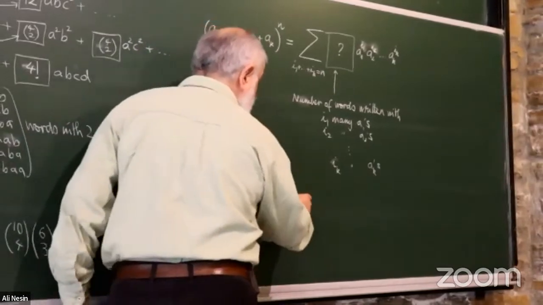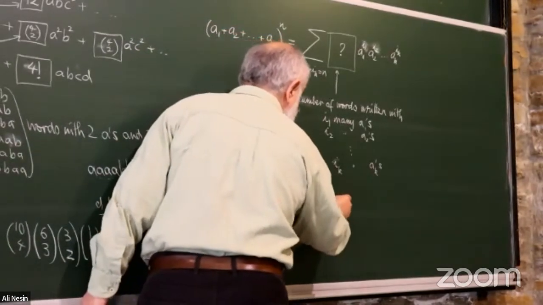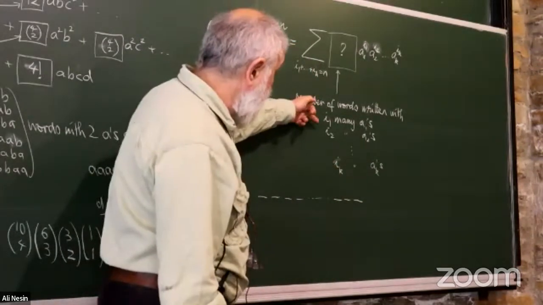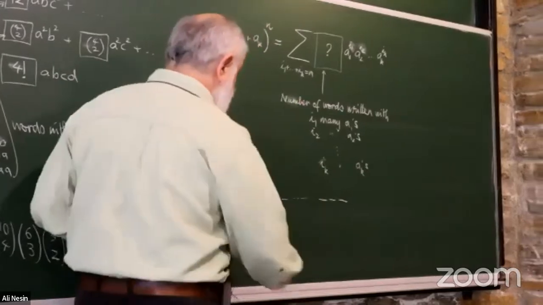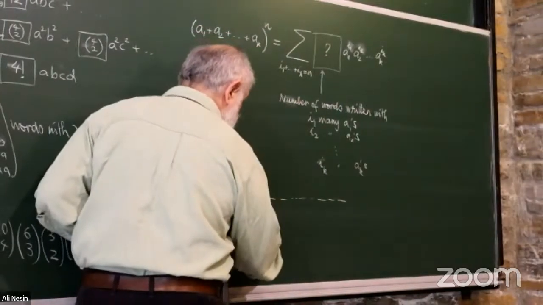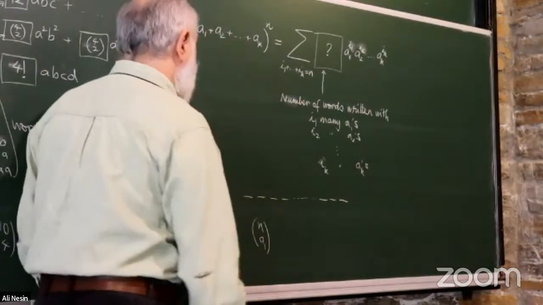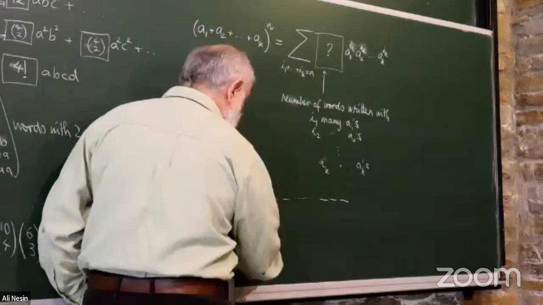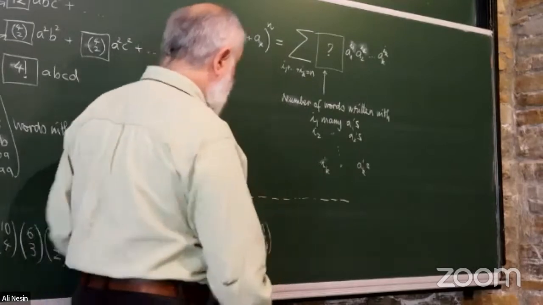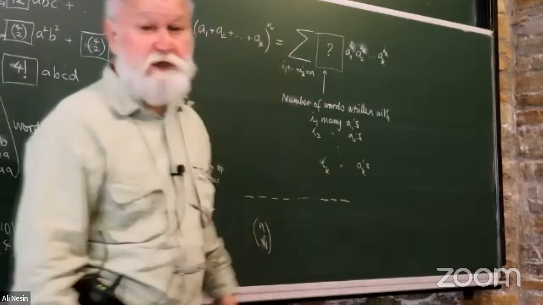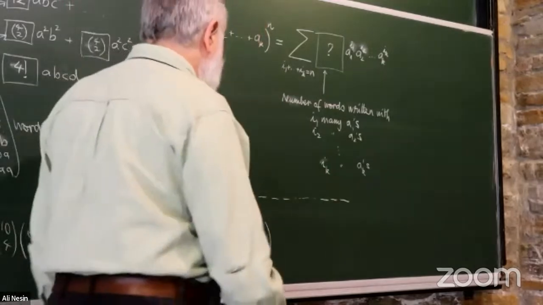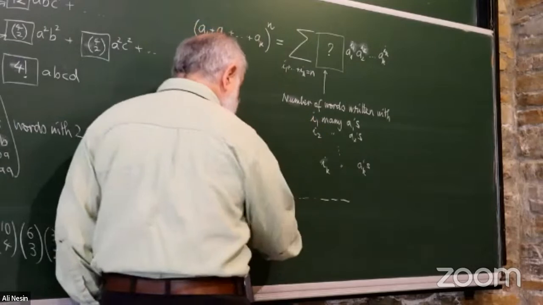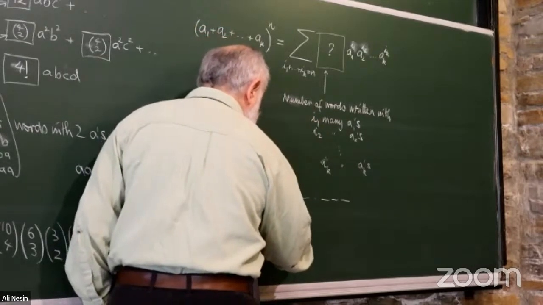N places like this. I have to choose the places to put A1. So this is n choose i1. So I have to choose i1 many places to put the A1s. Right? And now once you have put the A1s, i1 many A1s, what's left is n minus i1 places.